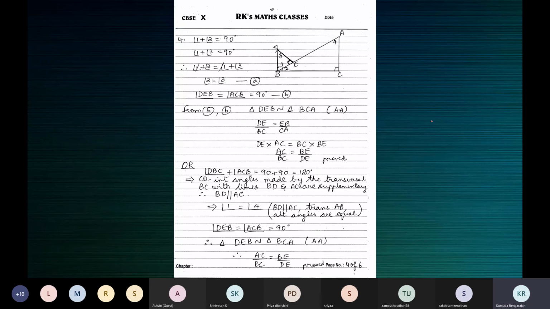Yeah, children, you can see it here. I think you have to take a screenshot. We have discussed two questions which have the similar figure in today's class. So you can help yourself with this.